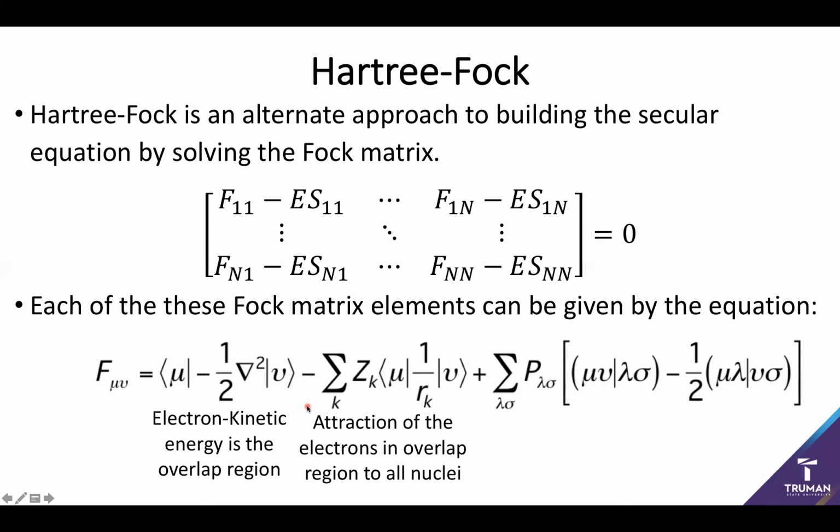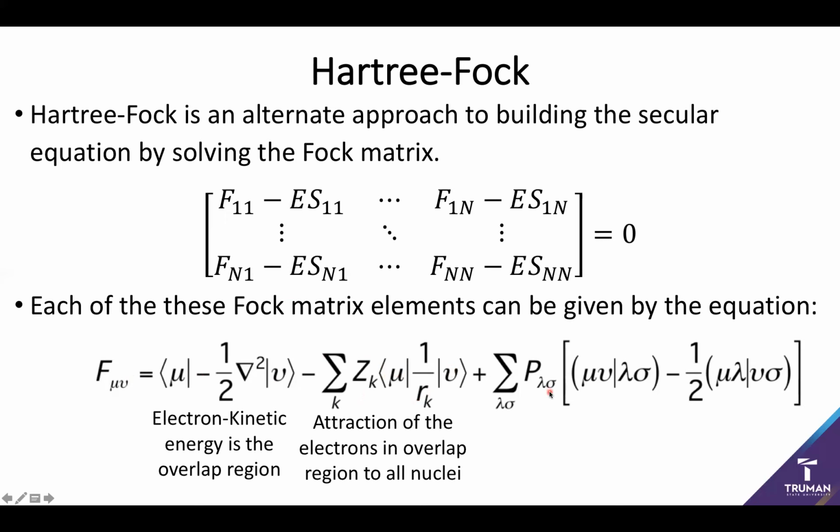Similarly, I can also then examine the attractive portion of the potential to all other nuclei. So we're summing over the interaction where K is all the other nuclei present. So Z_K is going to be the strength. And then simply by correcting for the distance of my electron from the nuclei, I should be able to come up with the net attraction of the electron in this region to all of those nuclei.